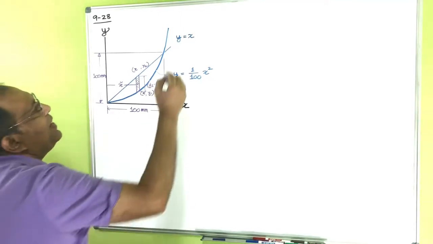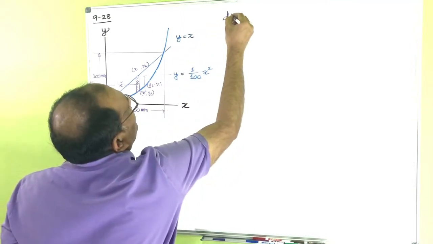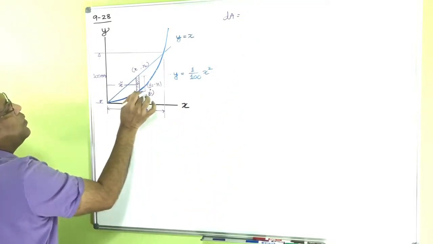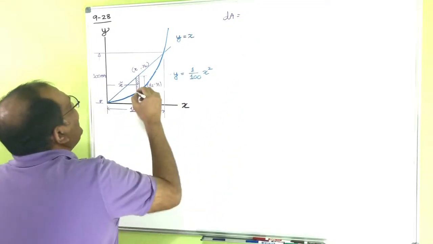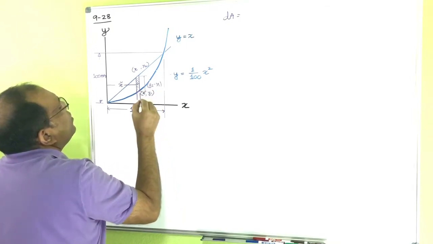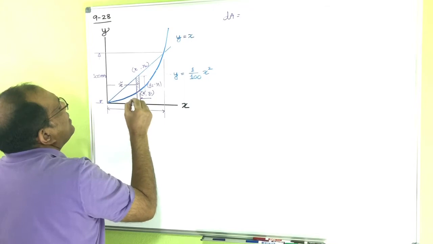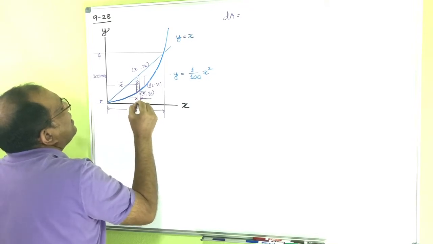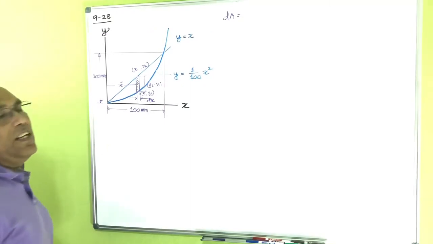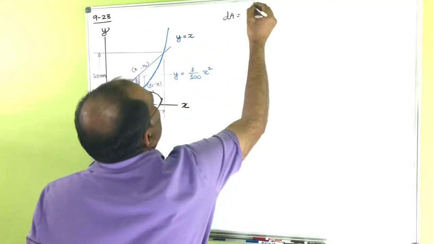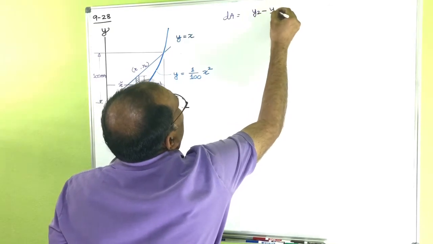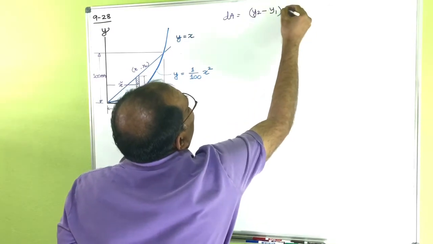So what is the area dA? y2 minus y1 into dx. That's actually a very small width here, dx. So dA is equal to y2 minus y1 into dx.